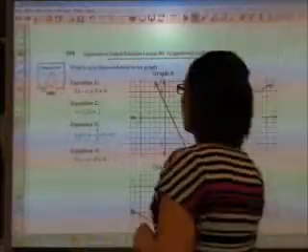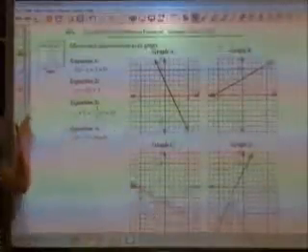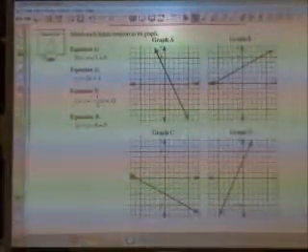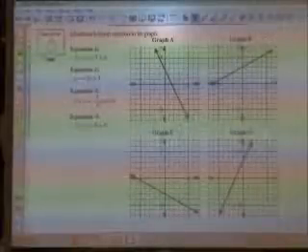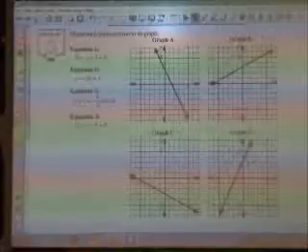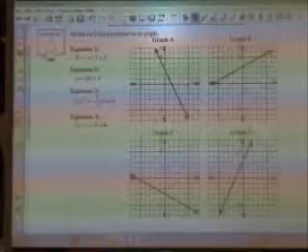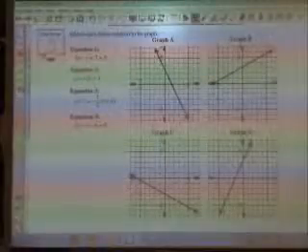So if we look at the next example, it looks at matching the equation to its graph. So what is going to make it easiest to match these equations to the graph? What would help me do that? Knowing my intercepts?